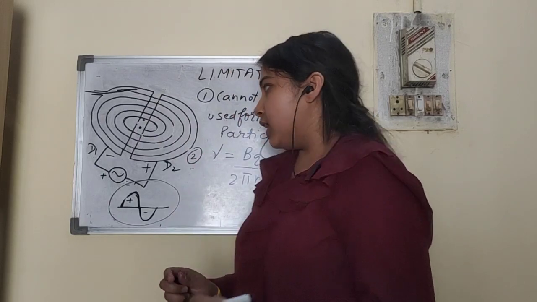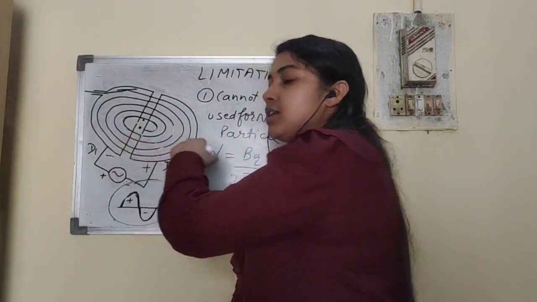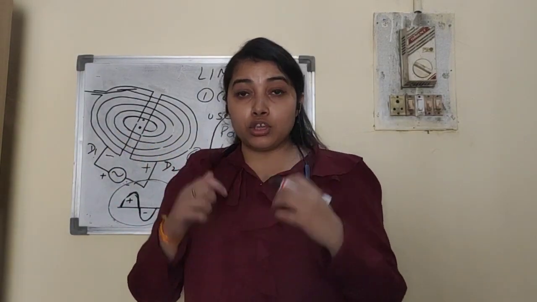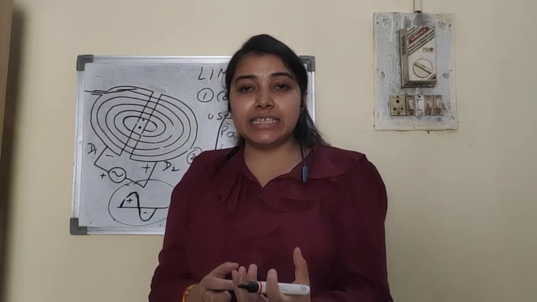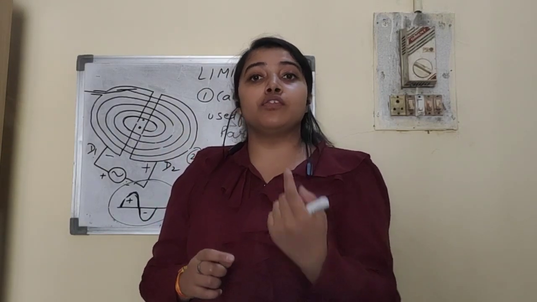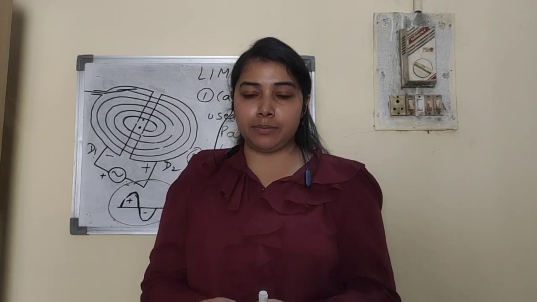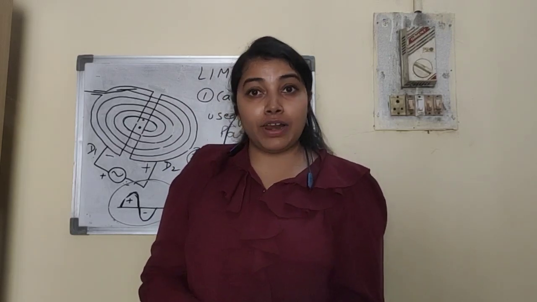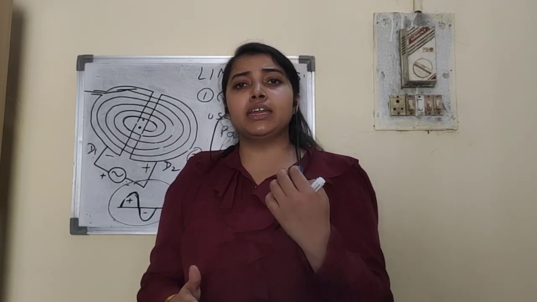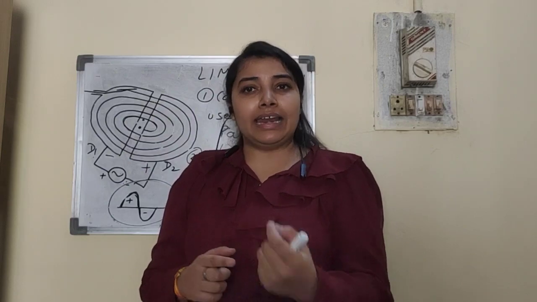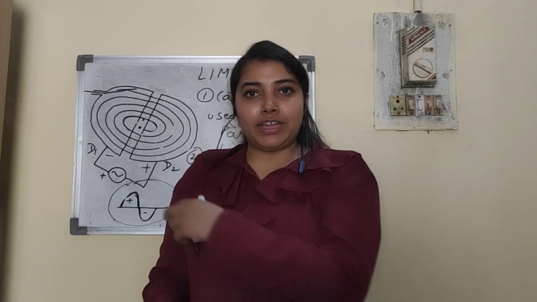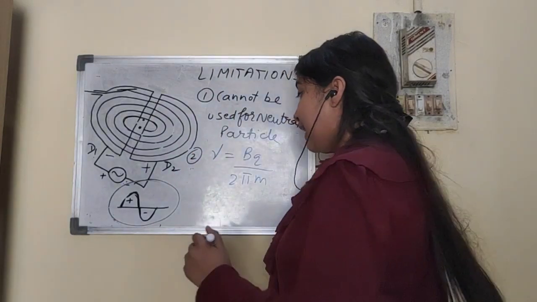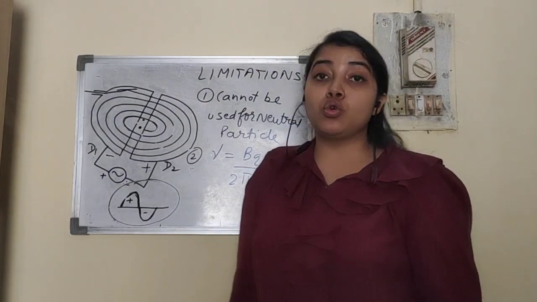So when the electron is accelerated in the cyclotron, its velocity easily becomes relativistic. In the relativistic concept, when the velocity of a particle becomes very close to the velocity of light, the mass is also affected. An electron is a very light particle, so it can easily achieve relativistic velocity because of the acceleration process. So the mass of the electron will also change.